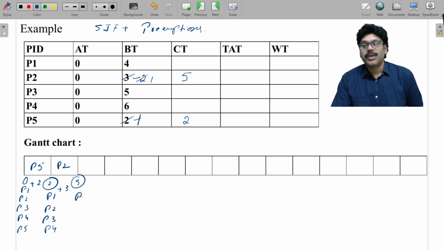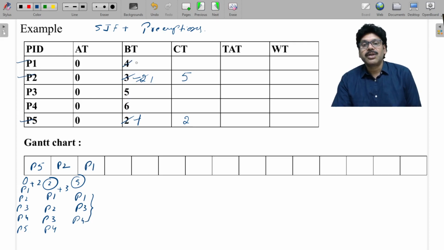Then P5 is done and P2 is done, so P1, P3 and P4 remain. Among these 3, which has the shortest burst time? P1, so P1 is executed.